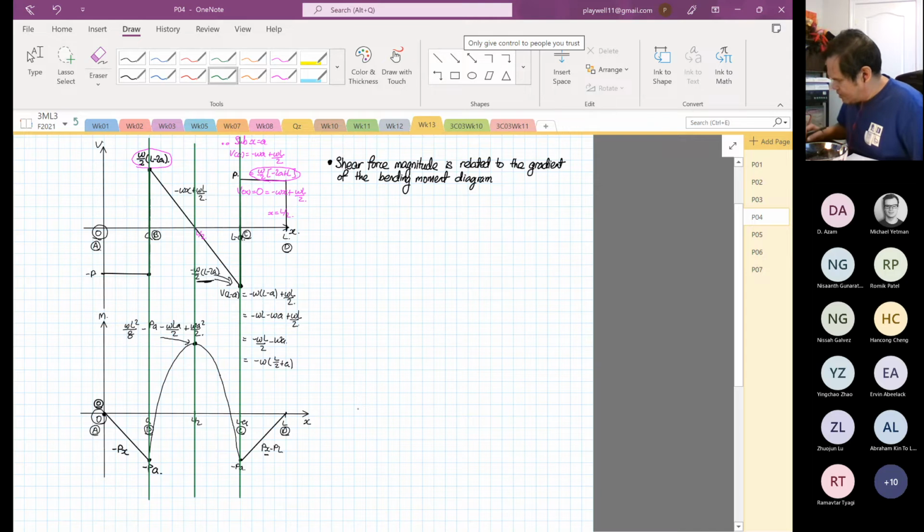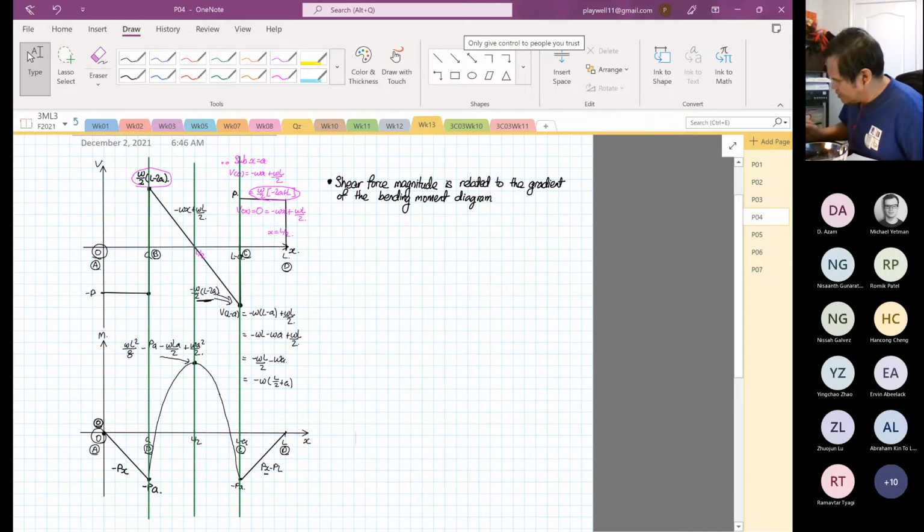So the statement I make, the shear force magnitude is related to the gradient of the bending moment. If you look at the magnitude over here, so M for magnitude, the magnitude is negative, the gradient is also negative. So the gradient positive has to go the other way. The magnitude over here now is positive.